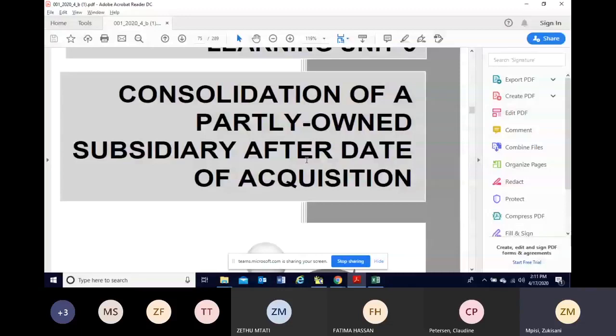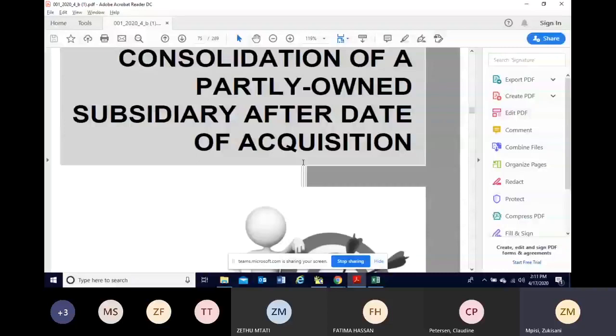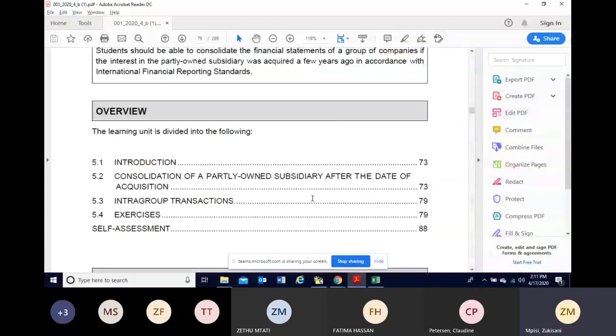There is a person that will exist. So if you are purchasing 60% of the shares, the other 40% of the shares will be owned by another person. And that person, before the revision of IFRS 10 and IFRS 3, used to be called minority interest. But with the development and the revision of the accounting standards, that party was then called a non-controlling interest.